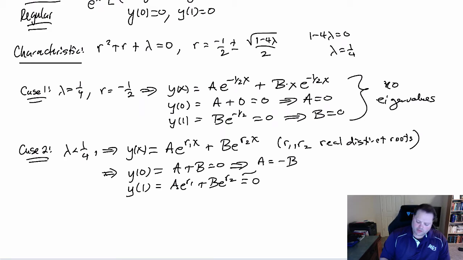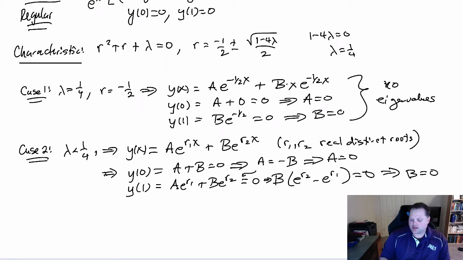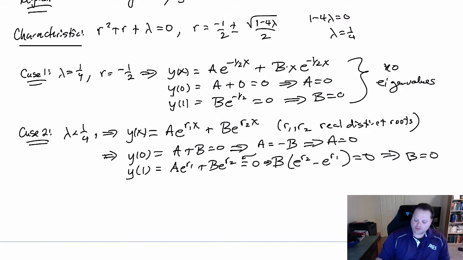If a is equal to negative b, then this thing is b times e to the r2 minus e to the r1, which has to equal 0. So that implies that b is 0, and coming back up, a is 0. Both of those zero out. So in this case as well, you have no eigenvalues.